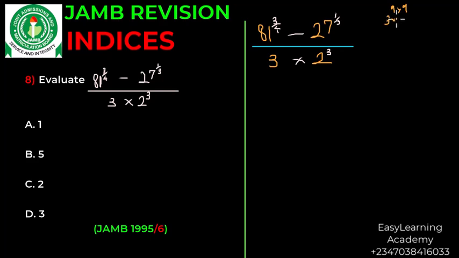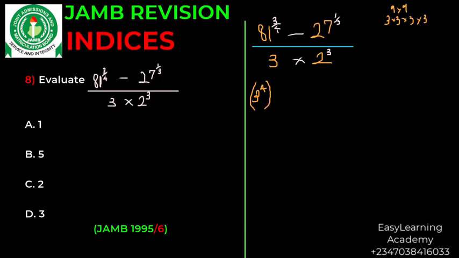So 3 times 3 times 3 is 27, times another 3 gives us 81. So this is 3 raised to the power of 4. We've been able to replace the 81 with 3 raised to the power of 4.